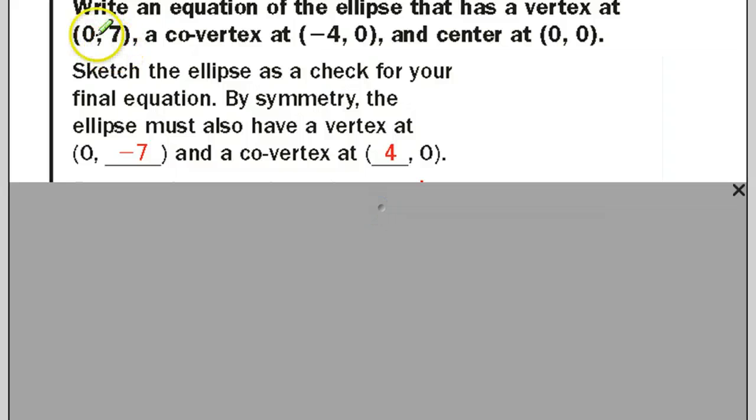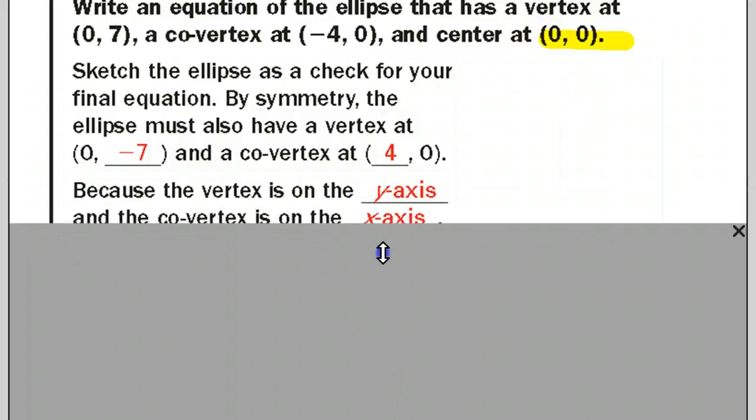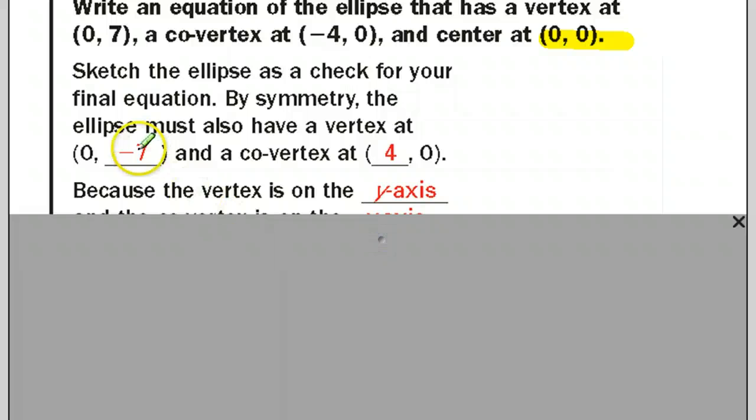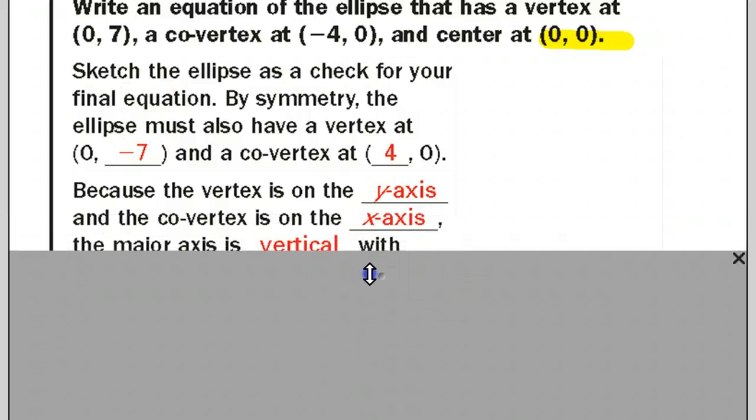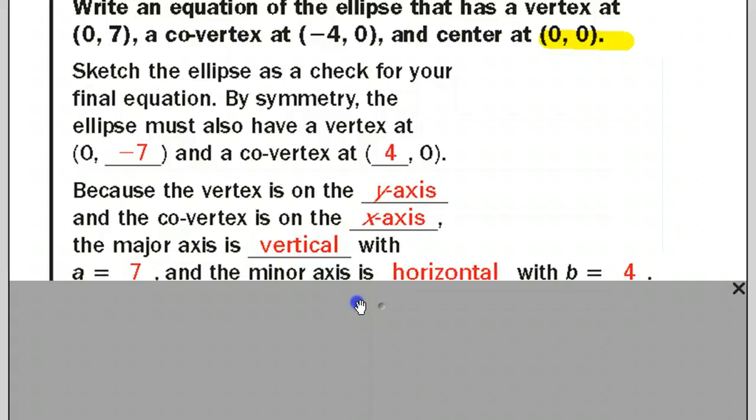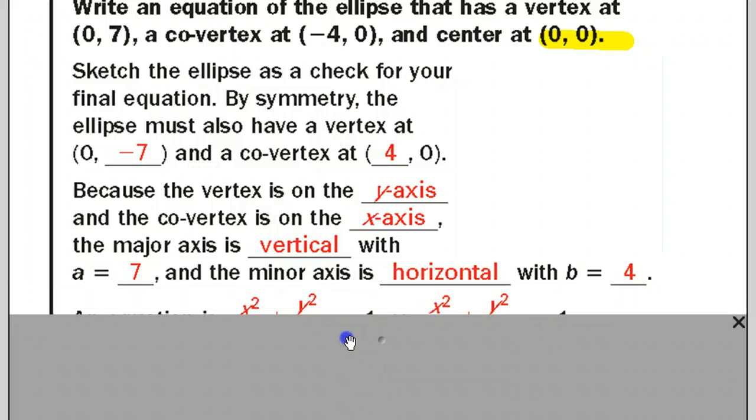If our vertex is at 0, 7, the other vertex is at 0, -7, and since our co-vertex is at -4, 0, the other co-vertex is at 4, 0, only because our center is the origin. And because the larger value, 7, is on the y-axis and the co-vertex is on the x-axis, our major axis is vertical, since a is 7, and the minor axis is horizontal.